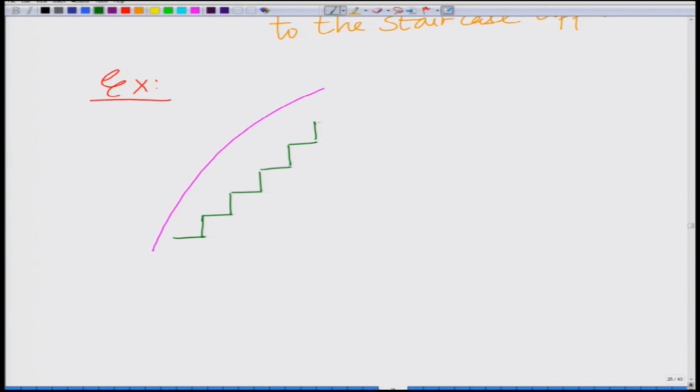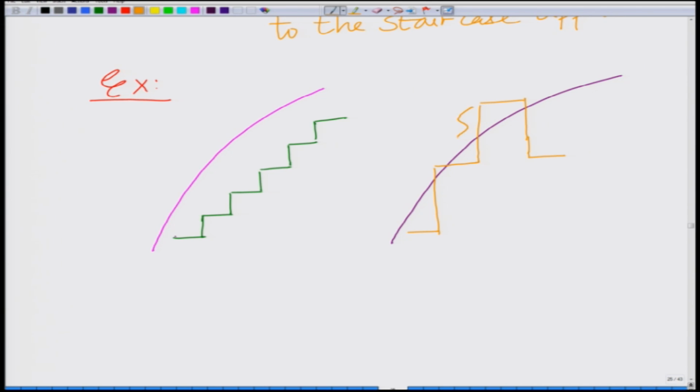On the other hand, if I have a large delta, sufficiently large, then my staircase approximation will be able to catch up at some point.